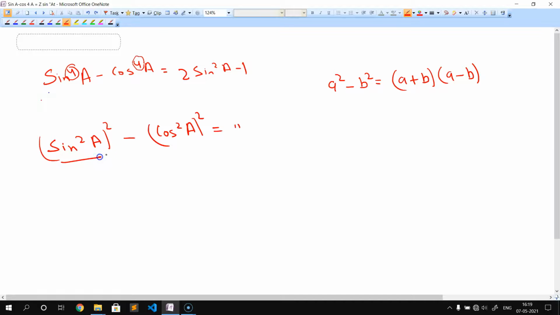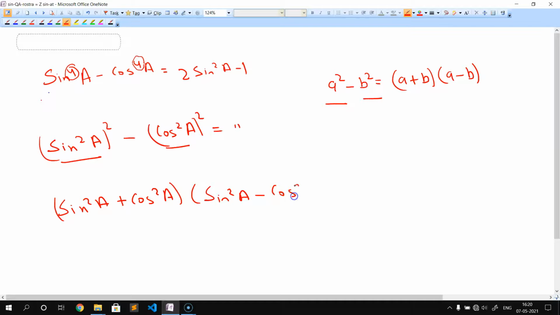So now we can see that it's in this form. So we can write it as (sine square A plus cos square A) into (sine square A minus cos square A). So as we know, sine square plus cos square is equal to 1.